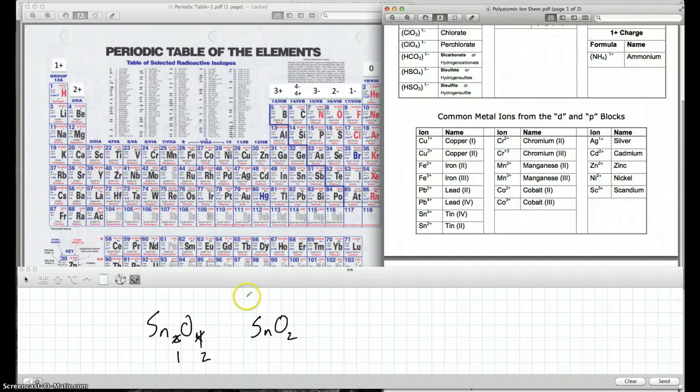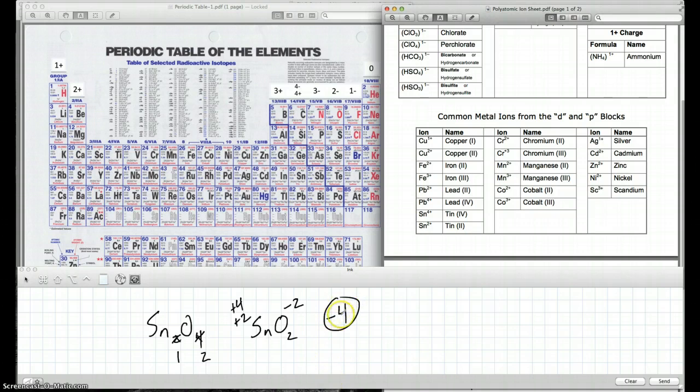Sn. Sn has the option of being a +4 or a +2. Oxygen, we know oxygen is a -2. So on the negative side, I have two oxygens times -2, so that's a total of -4.